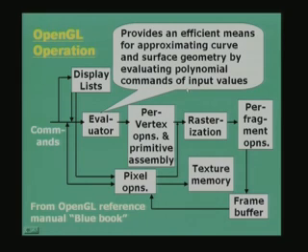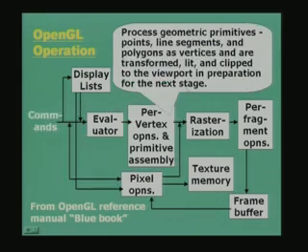So, you will have a set of polynomials which are evaluated here, and the per vertex stage will process geometric primitives. At this point we are only processing points, line segments and polygons as vertices, and then they are transformed if necessary based on the transformation matrix, which we will talk about. We will open up this block later on, and then they are lit depending upon the light sources. They are clipped if necessary to the viewport in preparation for the next stage.